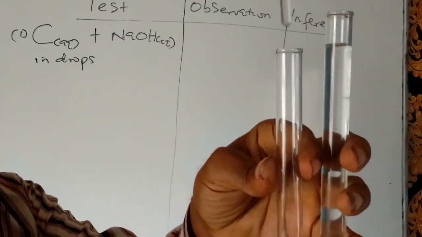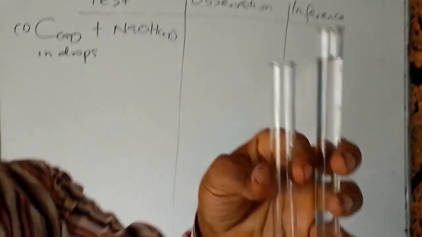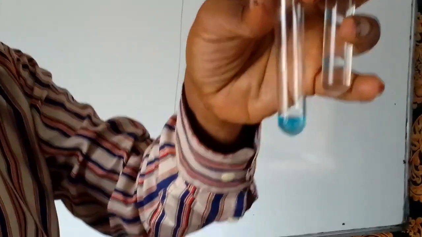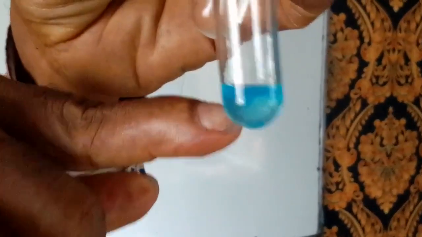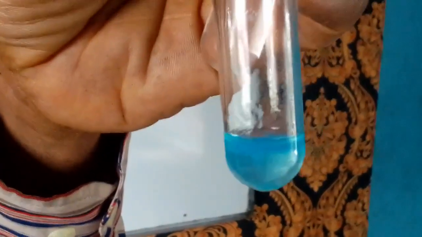One drop, or you can make it 2 drops. If you come closer, you observe there are some gel-like particles inside the tube, which have blue color. Those solids form inside.